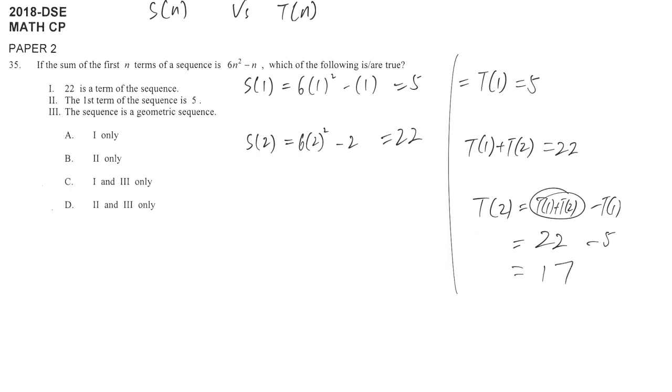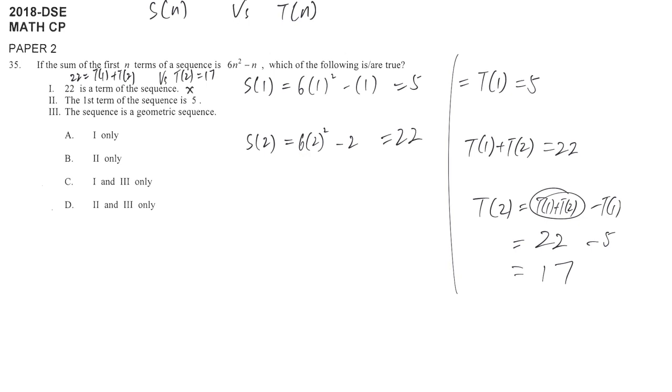So if we look at the first statement, 22 is a term of the sequence. Wrong. 22 is equal to the first term plus the second. And if we talk about the second term, it's just 17. So the first statement is wrong.